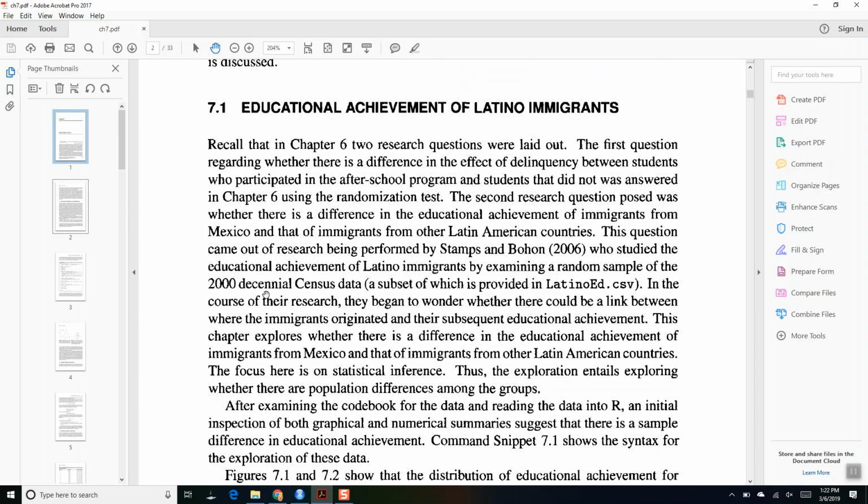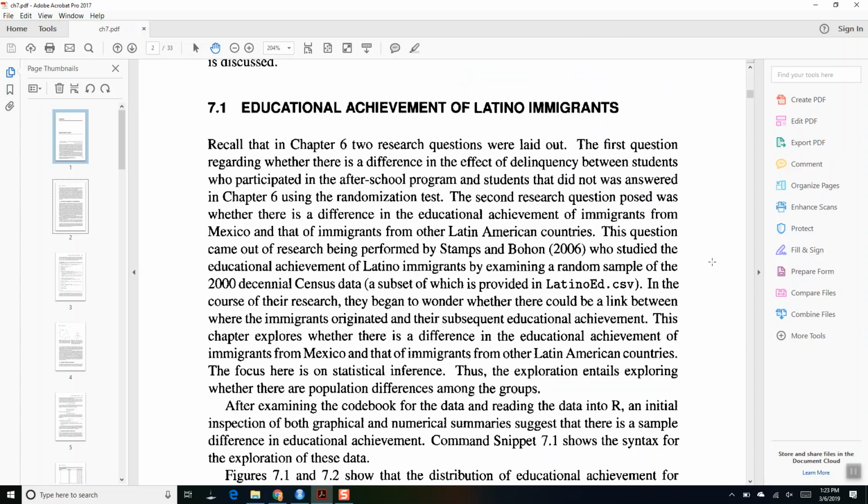And we are going to look at this data set for our Bootstrap. This data set comes from a study done in 2006, and the researchers were interested in immigration to the United States, particularly from Latin American countries.